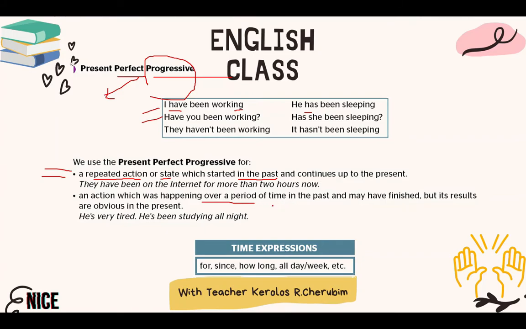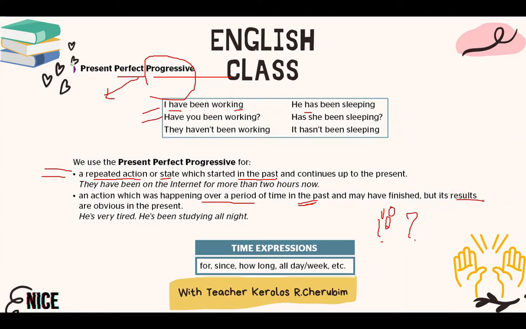But in this use, we are mentioning an action that was happening over a period of time in the past. The action was taking place for a while in the past. This action may have finished, probably, we don't know. And this action may have not finished. We just don't know that.